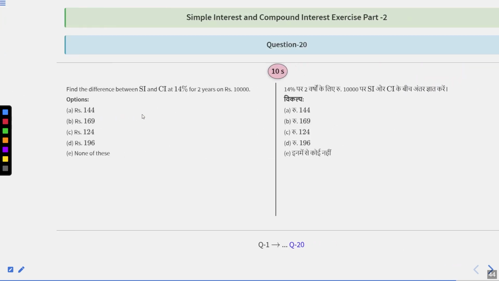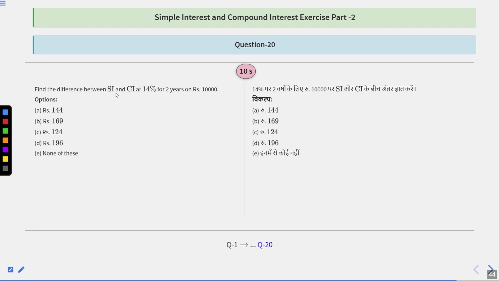Next one. Find the difference between SI and CI at 14% per annum for 2 years on rupees 10,000. You have again 5 options and 10 seconds to analyze the question. Your time starts now. Now time's up.